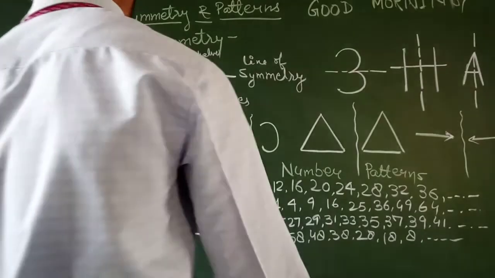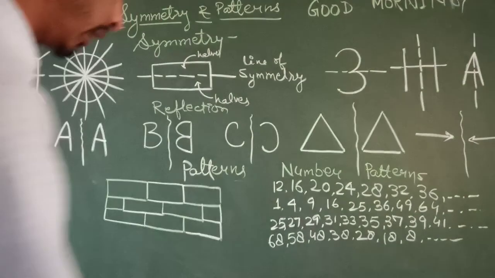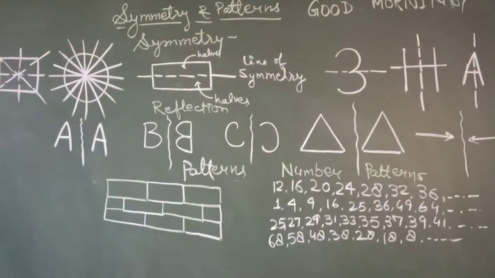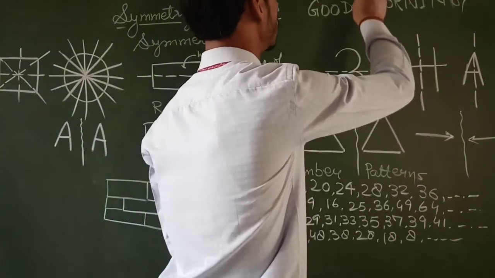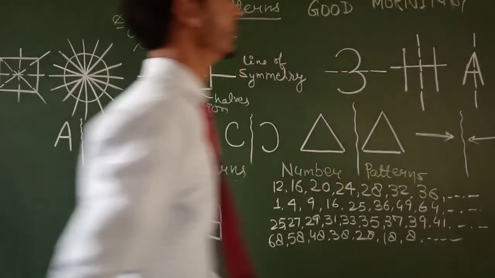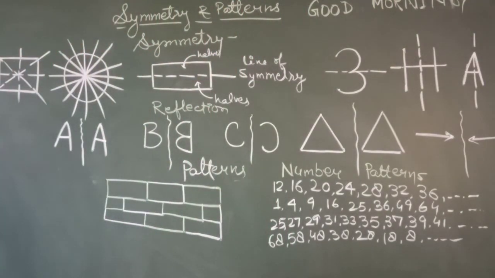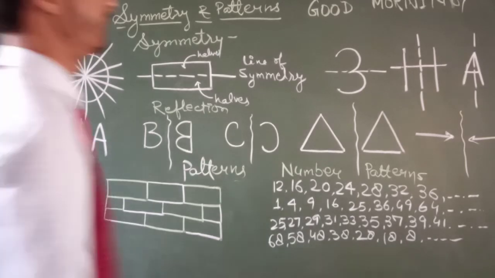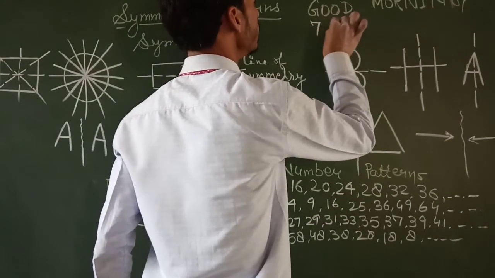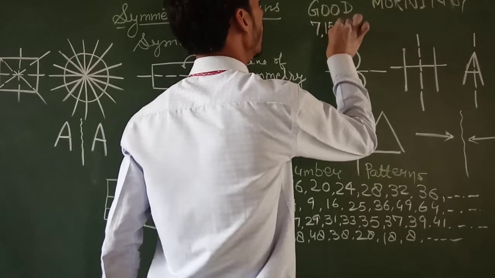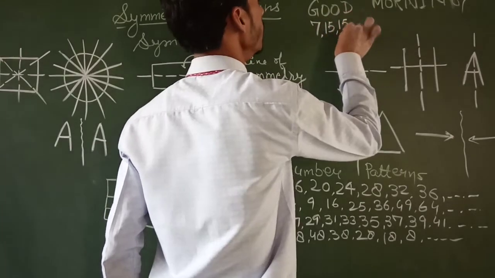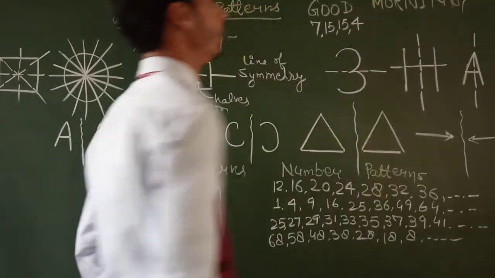In good morning, G comes at 7, O comes at 15, O comes at 15, and D comes at 4.